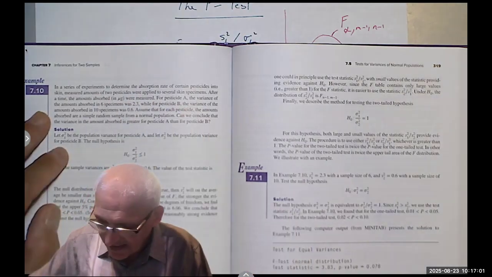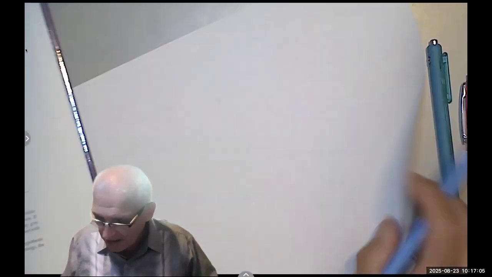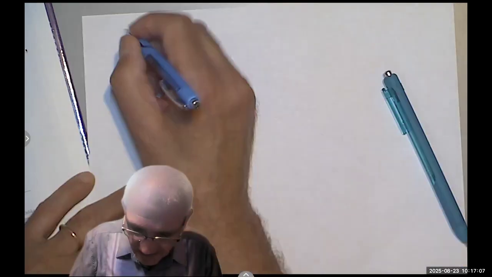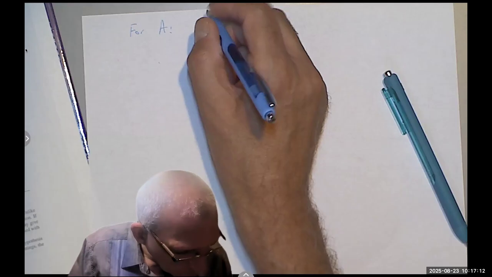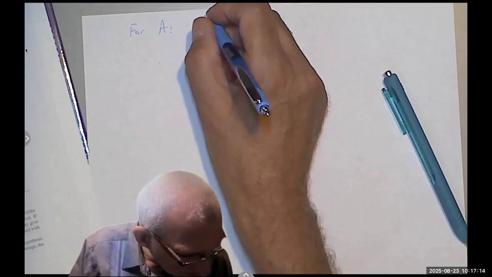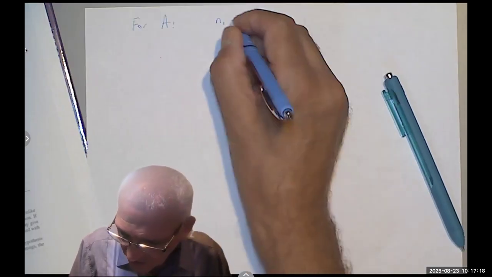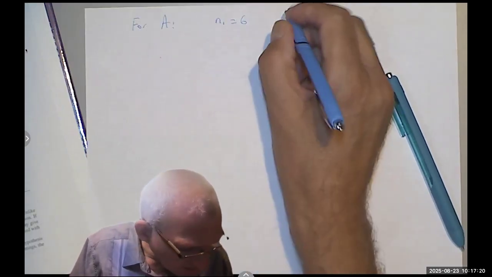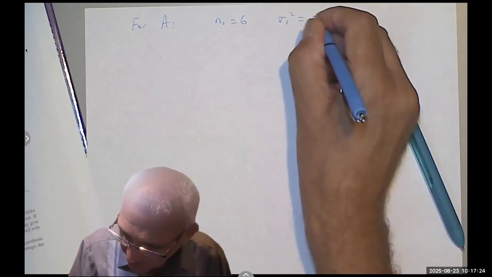For pesticide A, we took 6 specimens, so n1 equals 6, and the variance was 2.3.